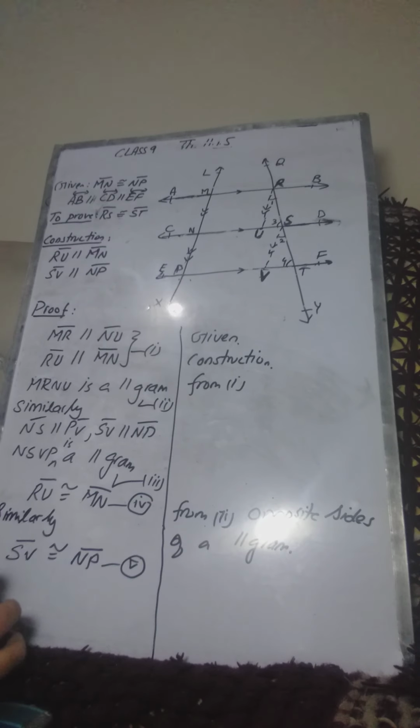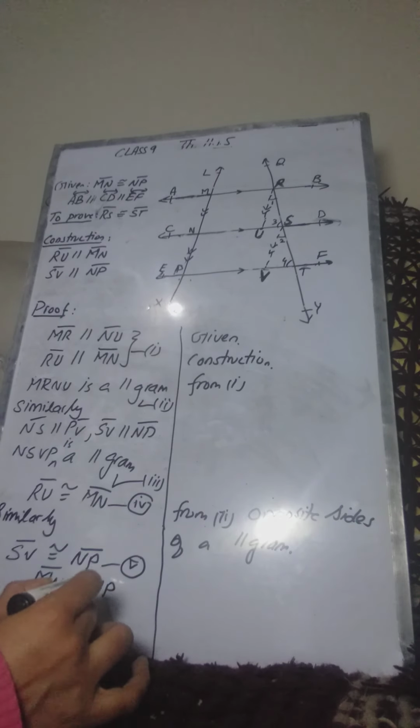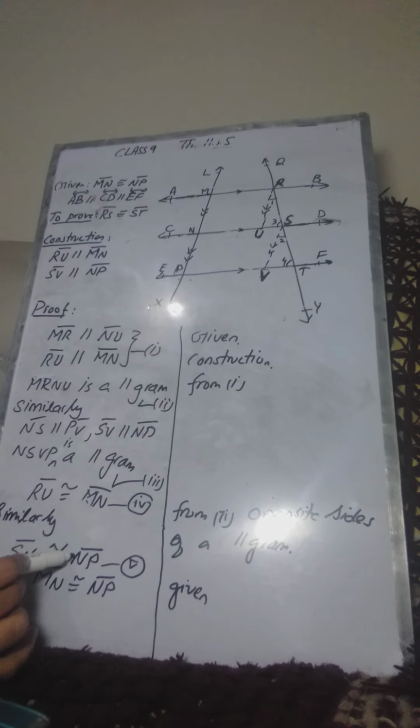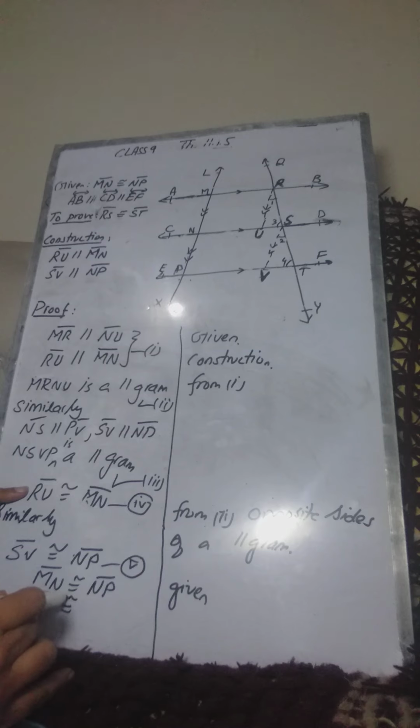Now, as MN is congruent to NP, it was given to us, therefore MN is congruent to RU. From this equation, RU will be congruent to SV.